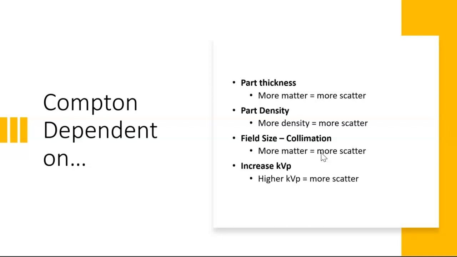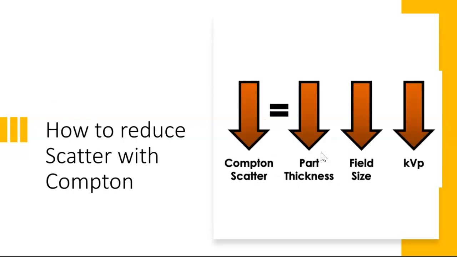Increasing kVp, so higher kVp equals higher scatter. We want a high kVp so we have less photoelectric absorption, which is direct patient dose, but we can't have it too high because our whole image is going to be just a gray blob from all of the scatter on it. So we have to find the happy medium with our kVp.